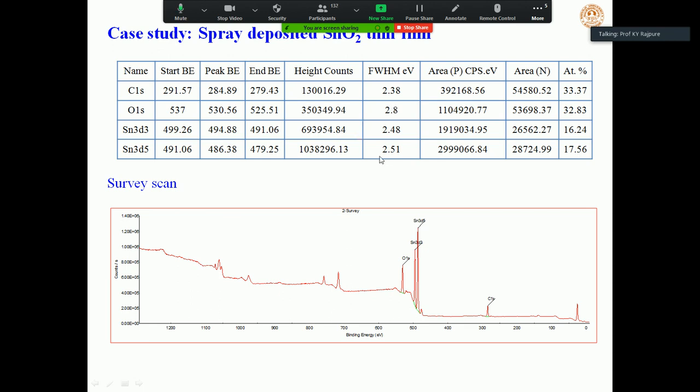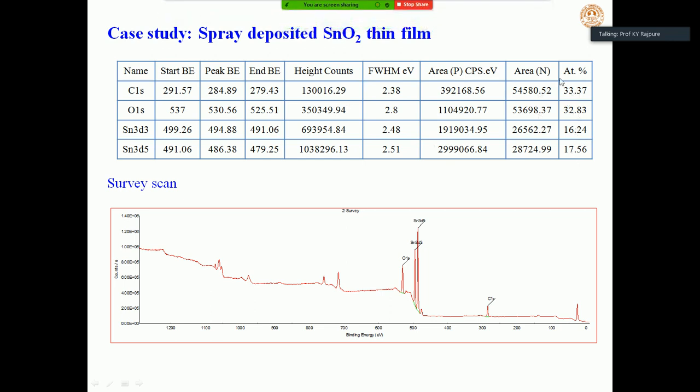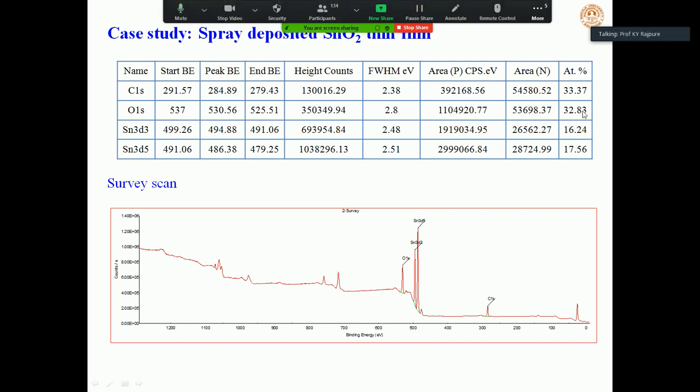We have FWHM, peak height, and peak area, and from peak area you can find the relative atomic percent. How much percentage of C is there? 33%. Very bad sample. Oxygen. And if you remove this, we see that this is in the form of SnO2. If you add these two, this is SnO2 type of thing.